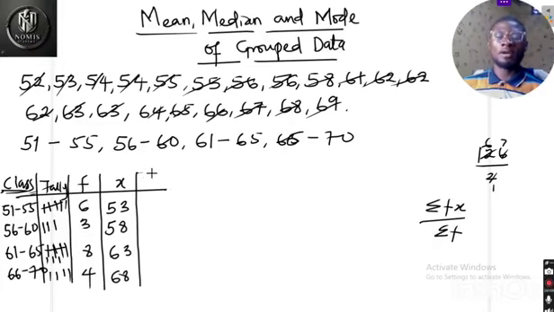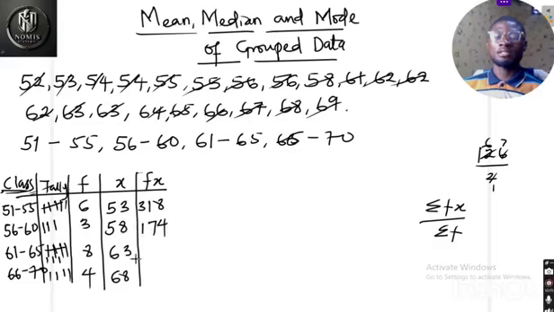So fx, that is, we multiply f by x. So we have 53 multiplied by 6. 6 times 3 is 18, so write 8 and then remainder 1. 6 times 5 is 30 plus 1, that is 31. So we have 318 here. 58 times 3: 8 times 3 is 24, write 4, remainder 2. 3 times 5 is 15 plus 2 is 17.